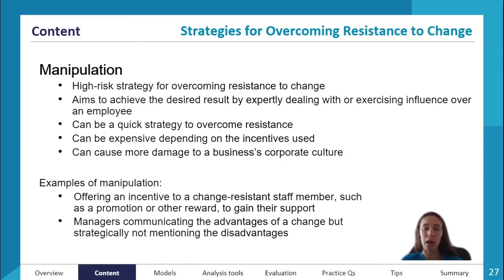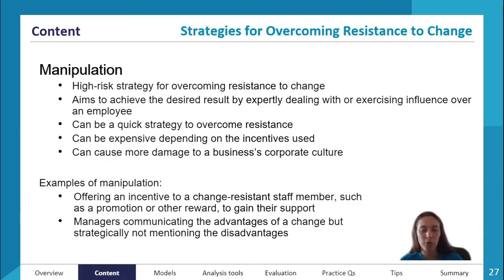That's why we've got this idea of high risk here. There's more chance that it could go wrong. And it can also be expensive, just like negotiation can be expensive. This one is potentially expensive depending on the incentives that leaders may use to manipulate the employees.